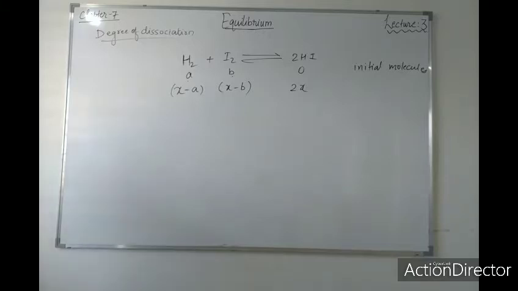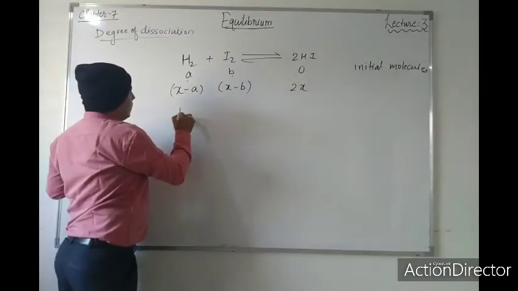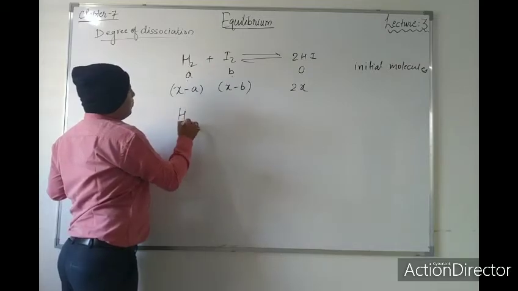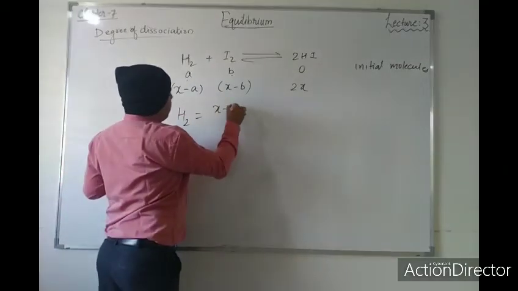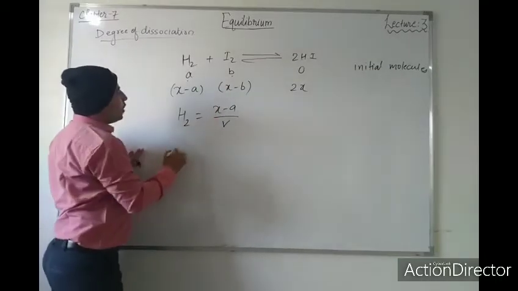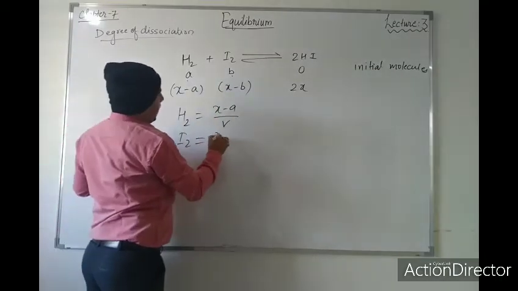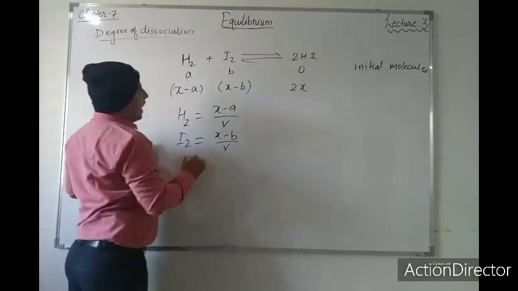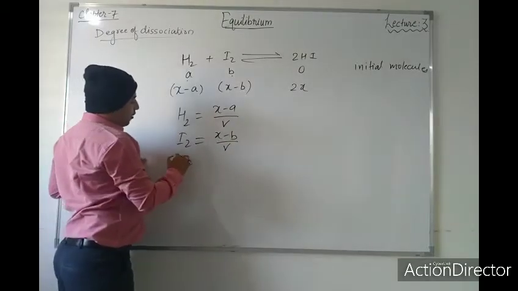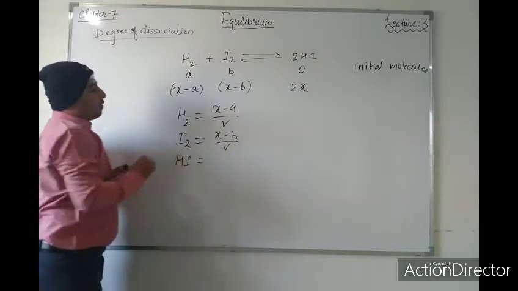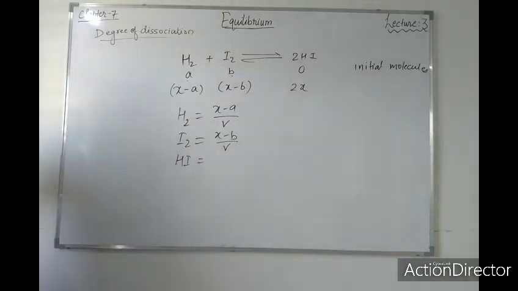So if I talk about the concentration of hydrogen, H2 will be A minus X by V. If I talk about iodine, it will be B minus X by V. And if I talk about hydrogen iodide, what will be? Can you tell me? It's very easy.